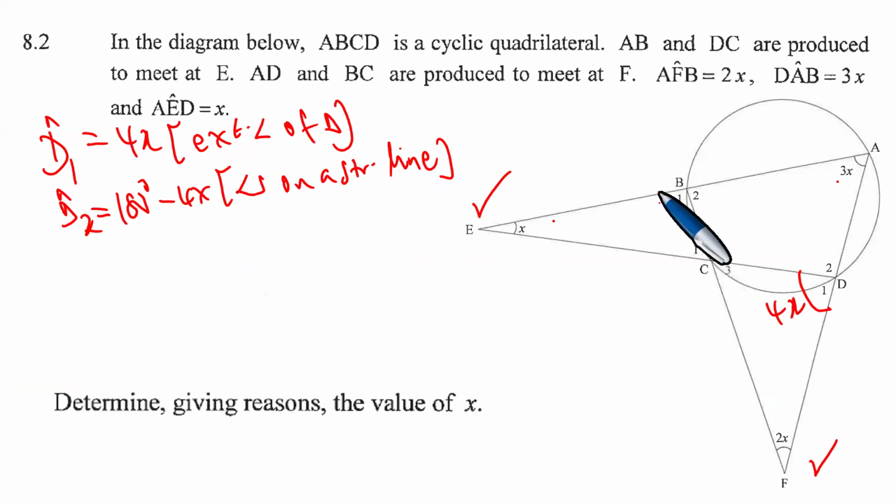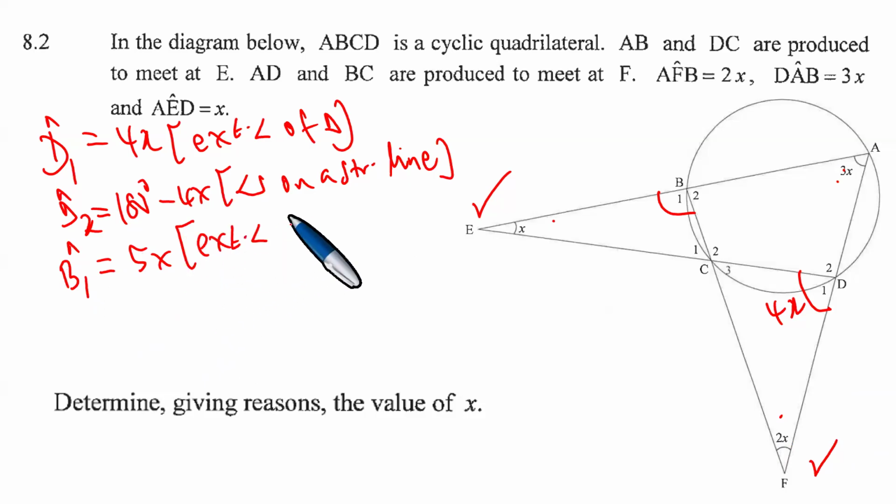Next, you can get B1. B1 is this plus this, yeah? So the angle B1 is exactly 5x. Why is this the case? Exterior angle of a triangle. So this angle is exactly 5x, and that is 4x there.